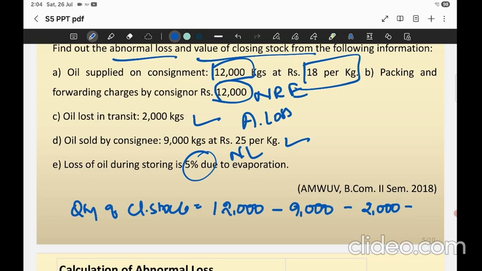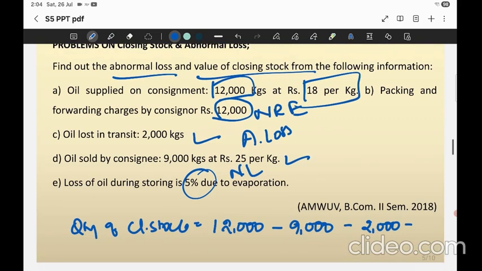That is quantity of stock, but there is a specific instruction for that. What it says? 5% is evaporation. See, in 12,000, when you deduct 2,000 abnormal loss, then on whatever remains, 5% has to be calculated. That comes to 500. So this is how we did it.